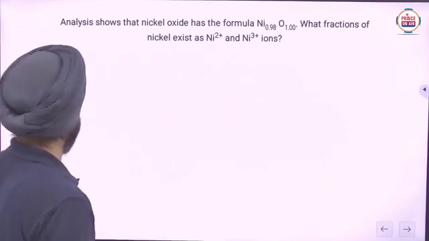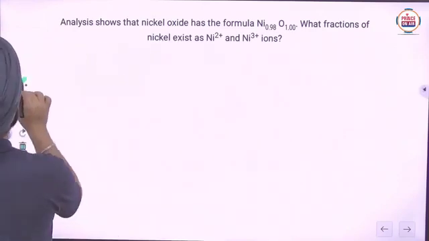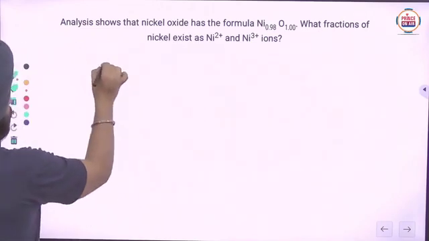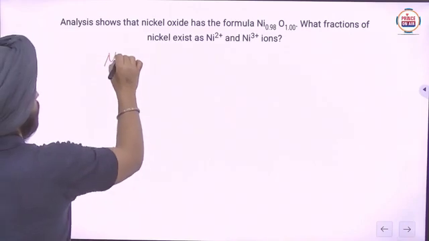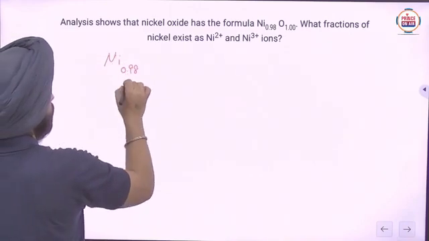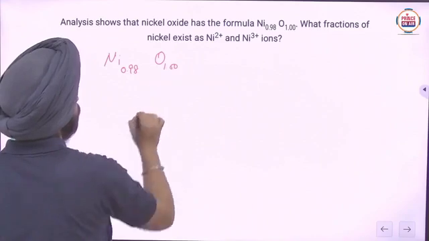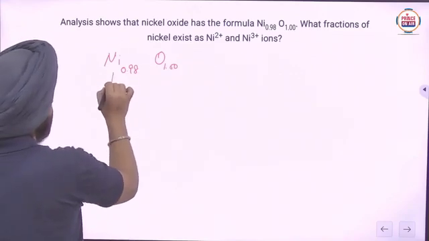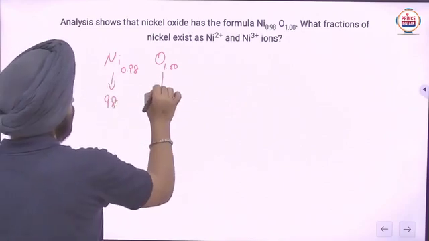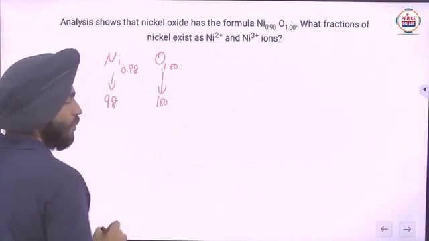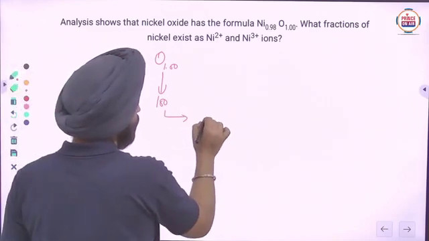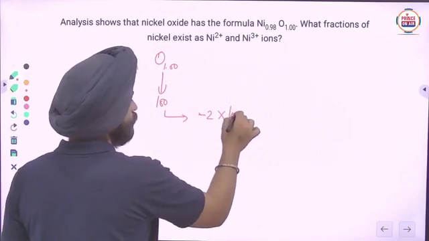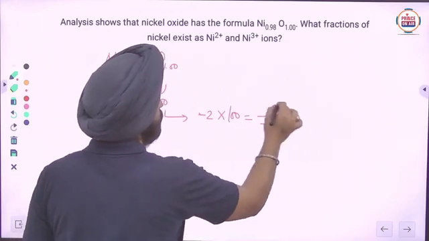So now let's suppose the formula Ni0.98 O1.00. Let us suppose nickel ions are 98 and oxide ions are 100. The charge of oxide ions is -2 and total ions are 100, so the total charge comes out to be -200.